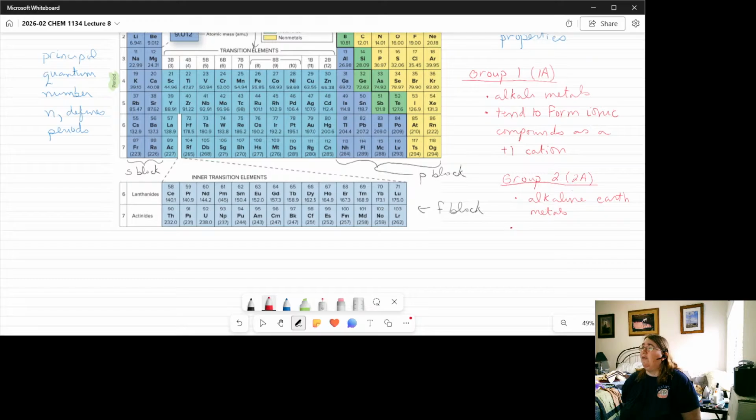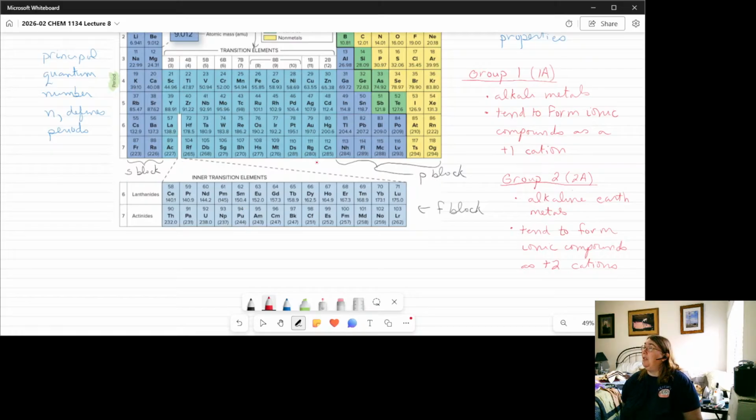They also tend to form ionic compounds. We'll understand this in Chapter 3, Chapter 4, but as plus 2 cations. So that takes care of the S block.